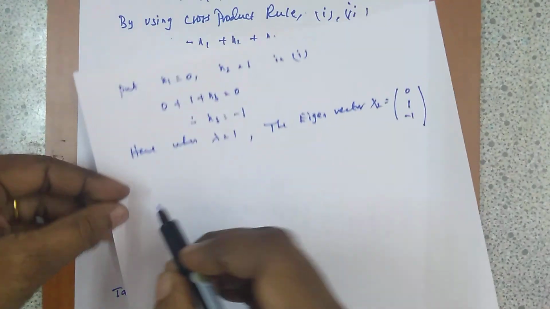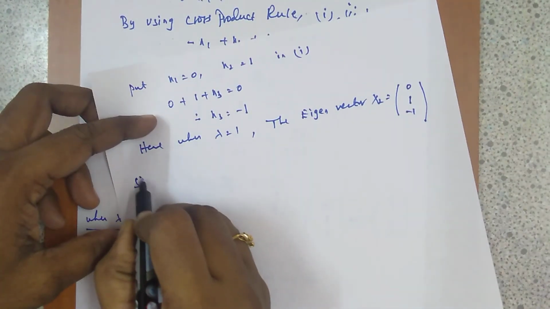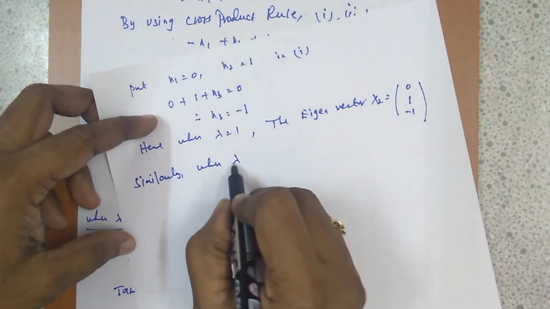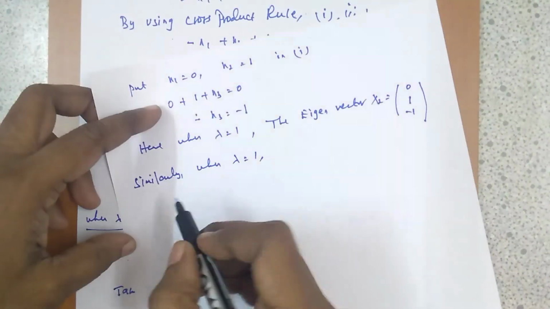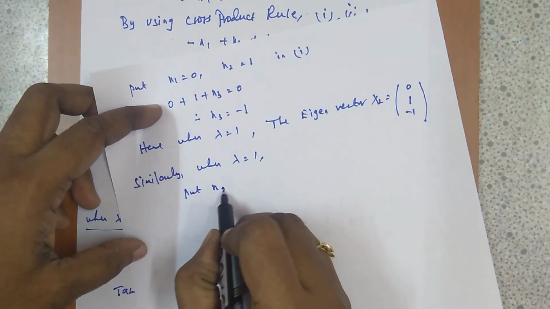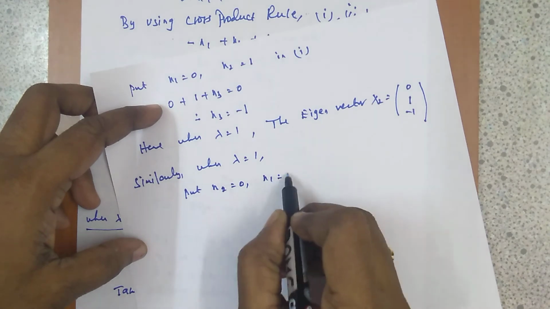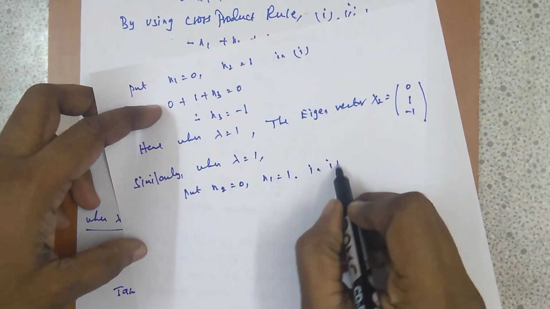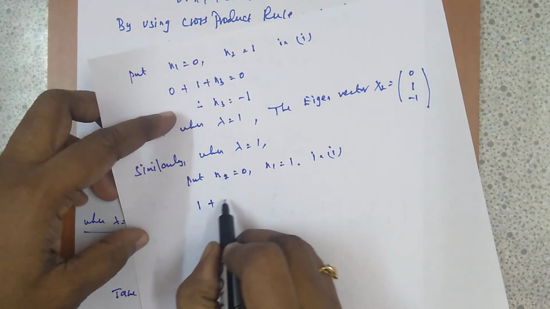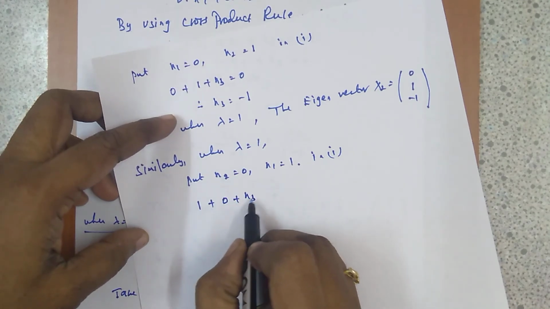Likewise, for the next value, similarly, when lambda equal to 1, we will take another set of option, that is put x2 equal to 0 and x1 equal to 1 in equation 1. So what will happen? x1 we have taken 1, no? So 1 plus x2 we have taken 0 plus x3 equal to 0.